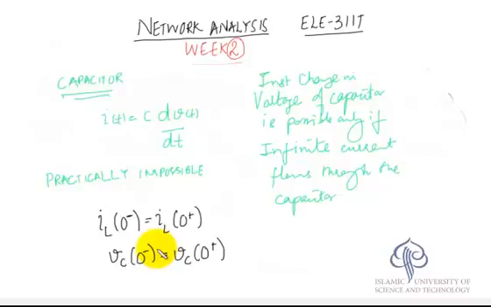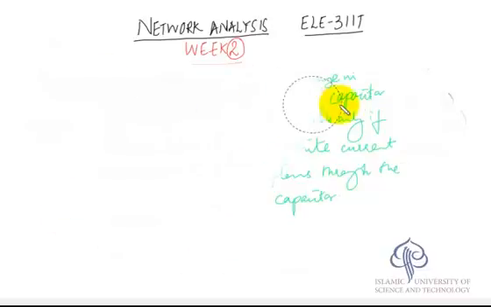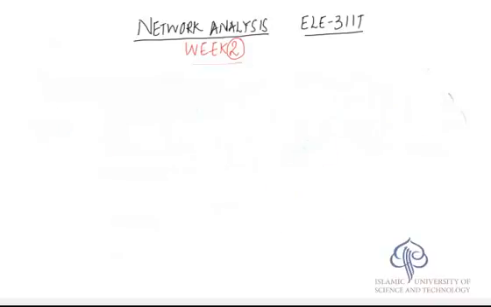This is also clear if we look at the integral form of the equation, which I'll show for the capacitor and which can be extended or written similarly for the inductor.